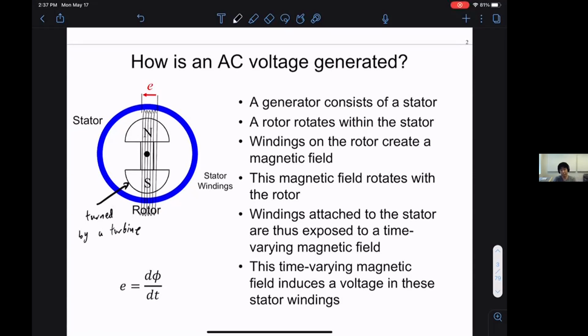Let's say wind or hydro, turning the turbine means you're just turning this magnet. The turbine turns this magnet, then this magnet generates an electric field.